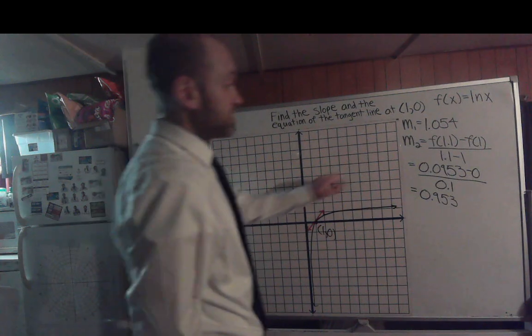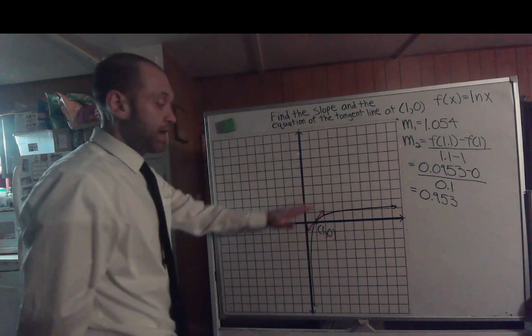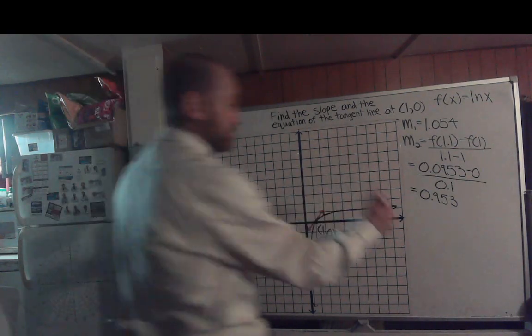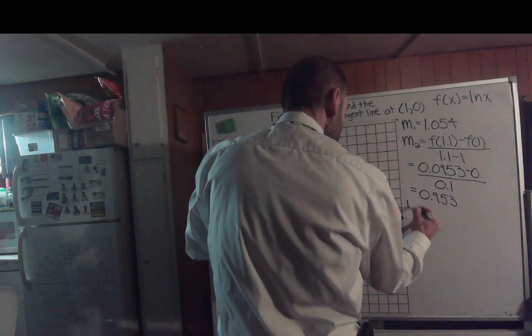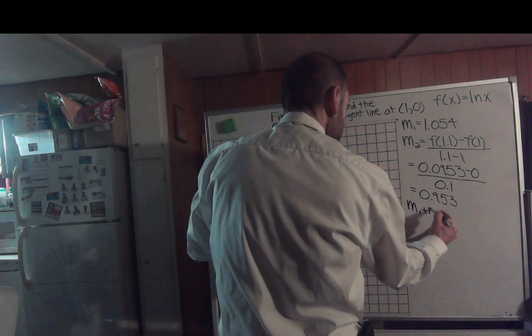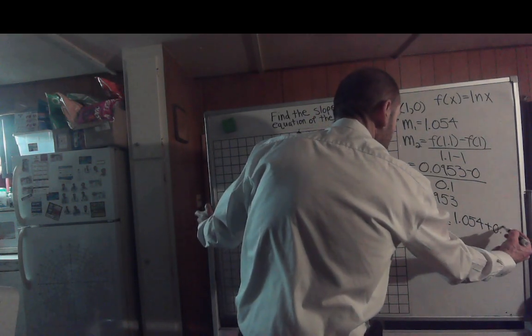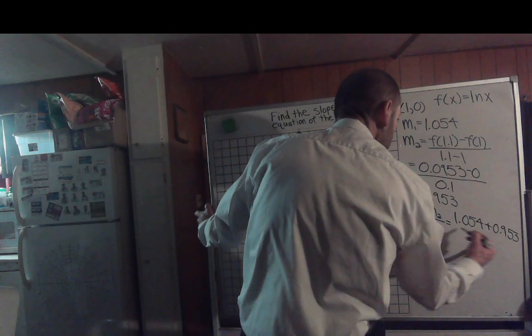So we found the slope of the two secant lines around x equals 1. What about now if we average the two slopes? Let's average the two slopes to get a rough estimate of the slope of the curve at (1, 0), which will be the slope of our tangent line. So if I take 1.054 plus 0.953, divide all that by 2, let's see what I get here.